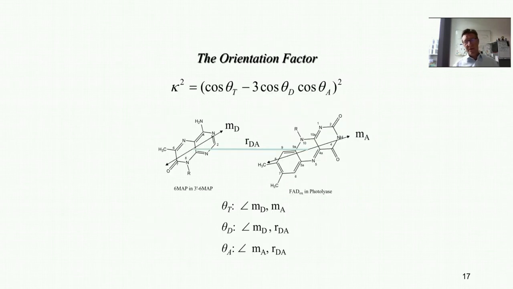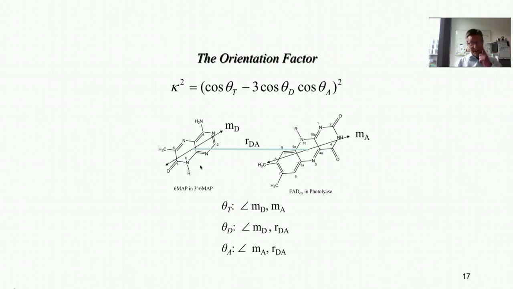Then we have the orientation factor. If people do not know anything about the orientation, they usually use 2/3, a kappa squared of 2/3. But in many cases, you may be able to say something about the orientation of the transition dipole moments of the two chromophores and their distance.